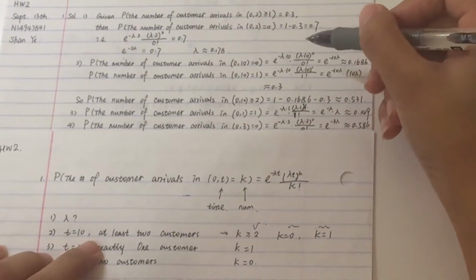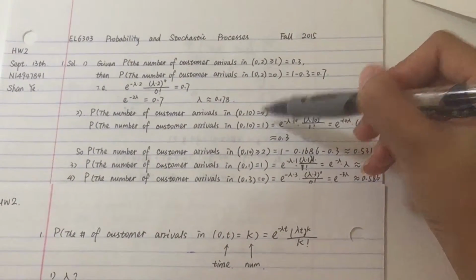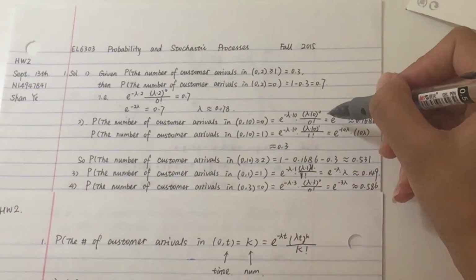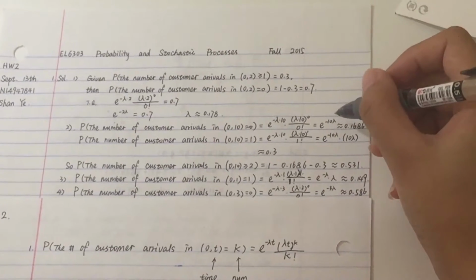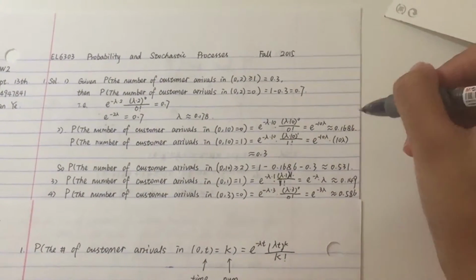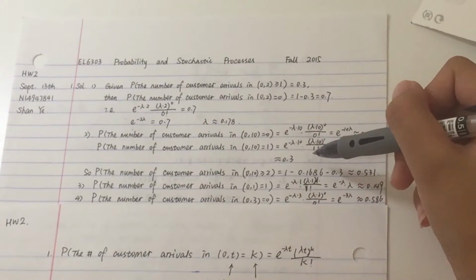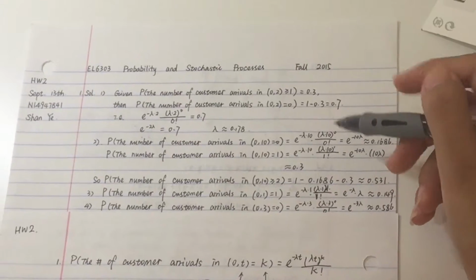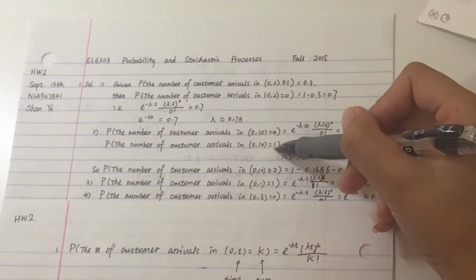So here let t equal 10 and k equal 0, we get that in the 10 minutes no customers will come. Its probability equals this, and similarly we get the probability that only one customer comes in 10 minutes. Here t equals 10 and k equals 1.